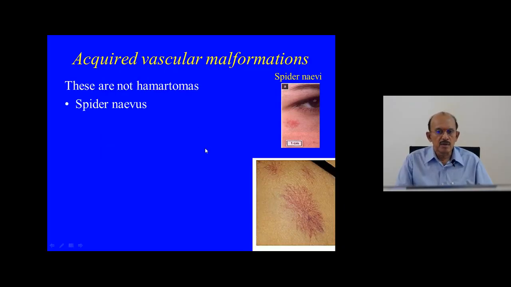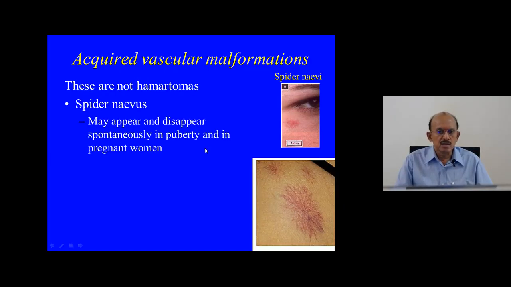So they are not hematomas. Examples being spider nevus. It may appear and disappear spontaneously in puberty and in pregnant women. It is also a sign of hepatic insufficiency. That means in cirrhosis also you notice these spider nevi.